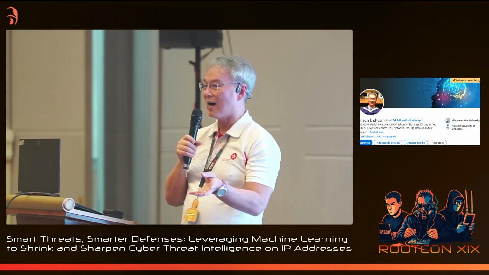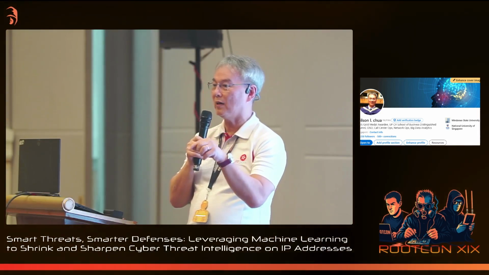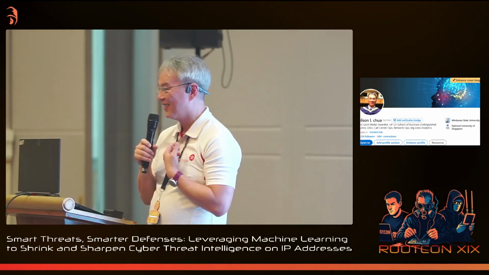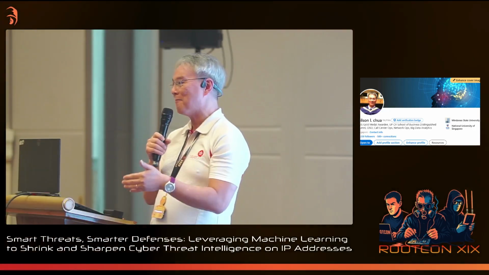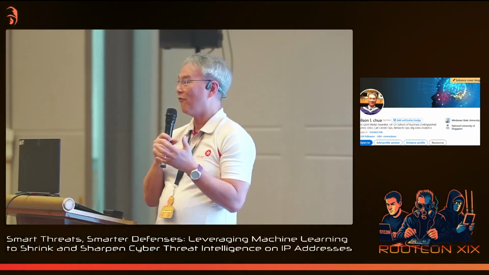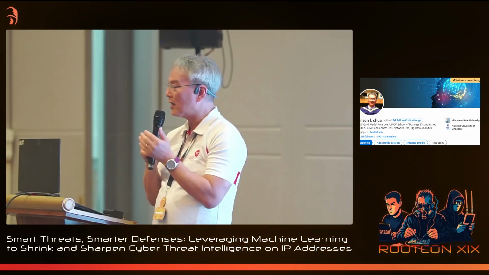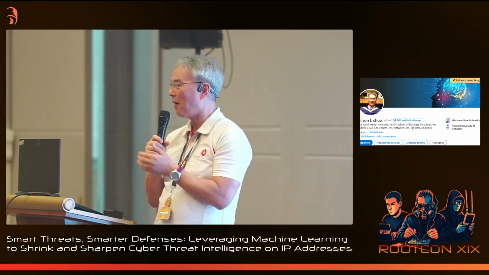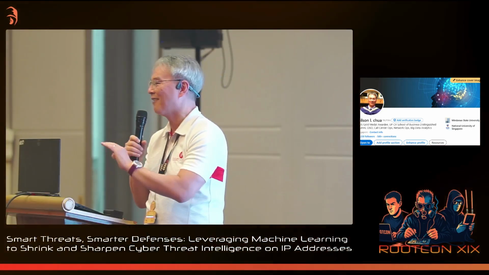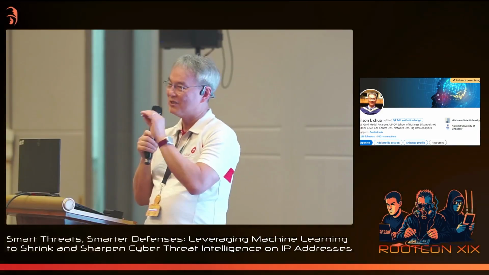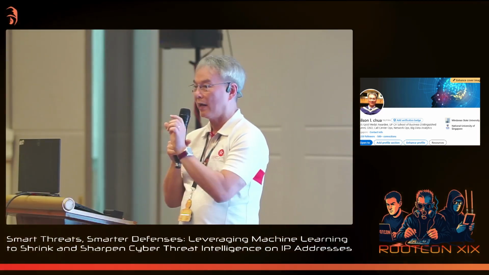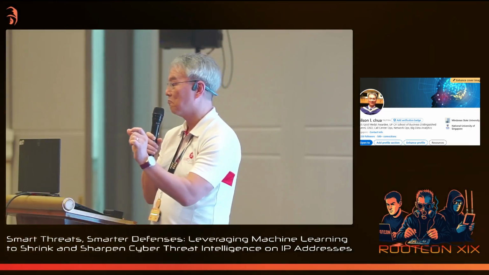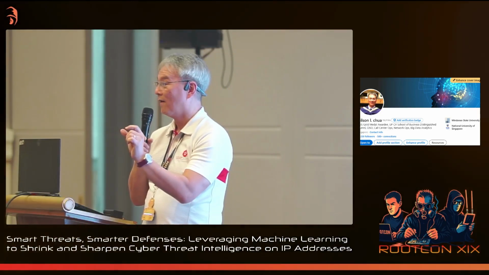And chances are, if that compromised IP is already blacklisted, even if they have a 0-day, as long as you drop them at the edge, you are in effect protecting yourself partially from 0-day. Partially. You cannot claim 100%. At least, 60 to 70%. So that the rest of your team can now focus on the remaining 20 to 30% of the attacks that do get in.